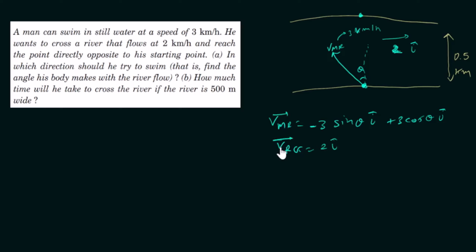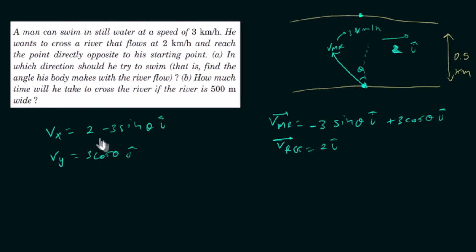Now as you can see, the velocity in the x direction is going to be (2 minus 3 sin theta) i cap. The velocity in the y direction is going to be 3 cos theta j cap.